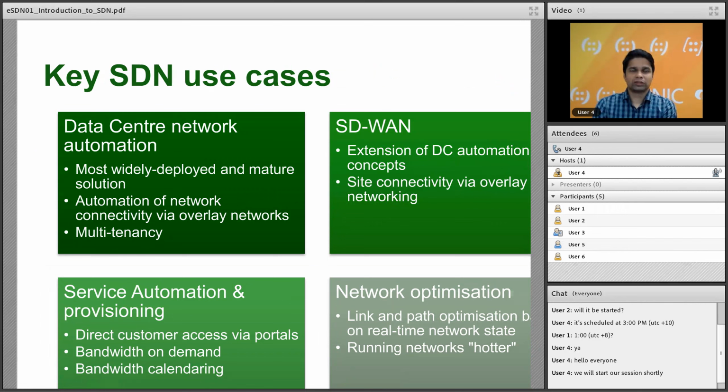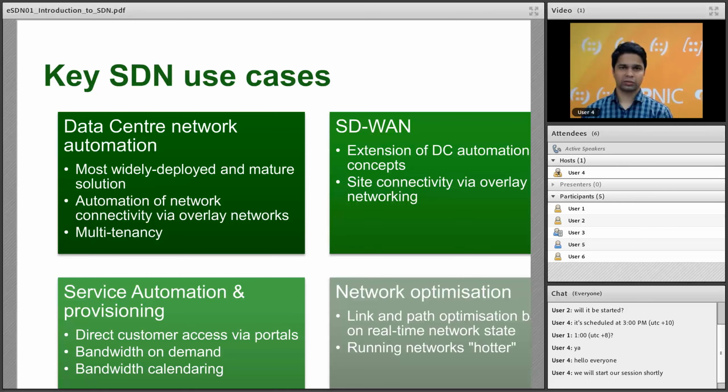If I try to summarize the key SDN use cases, the first one is data center automation. It is one of, I would say, the most widely developed and deployed mature solutions.